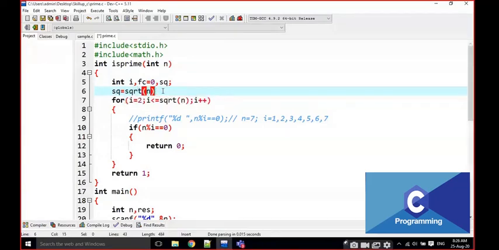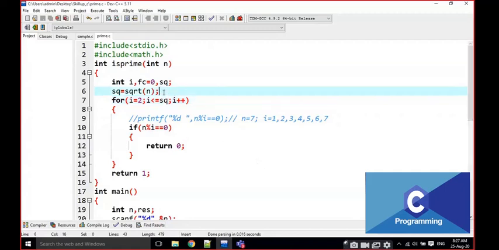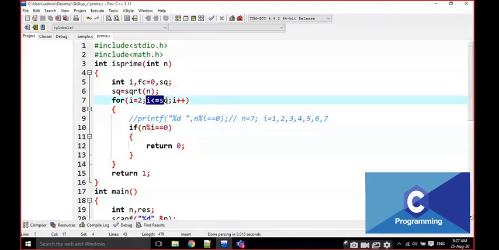Instead of computing it every time, I am going to check only one time: what is the SQRT of n? SQRT of n is, for example, 9 point something. I am going to place it in the SQ value and check one time.